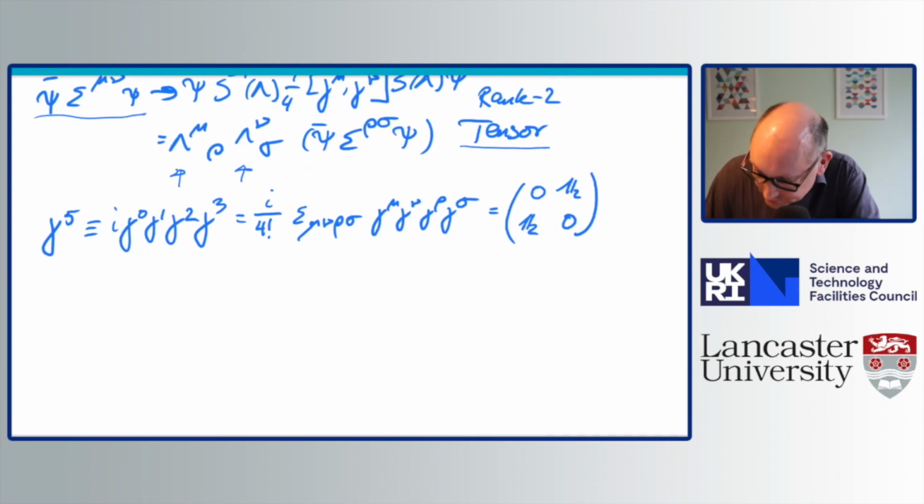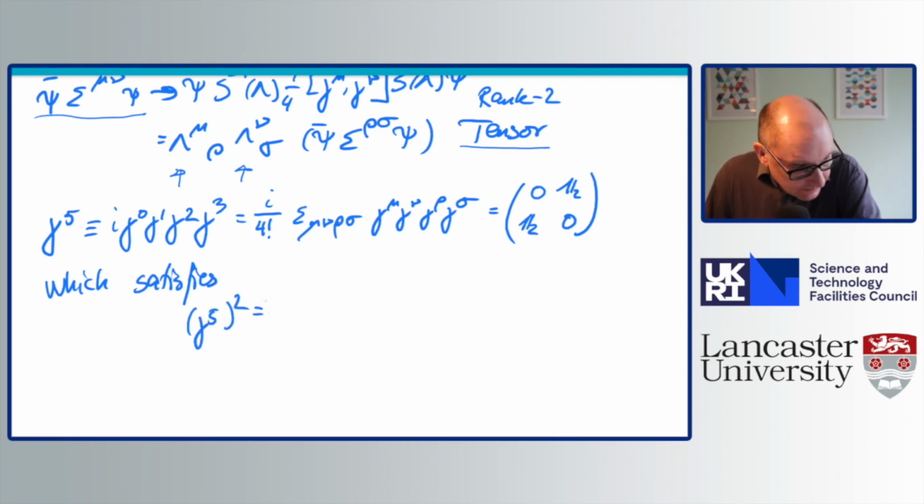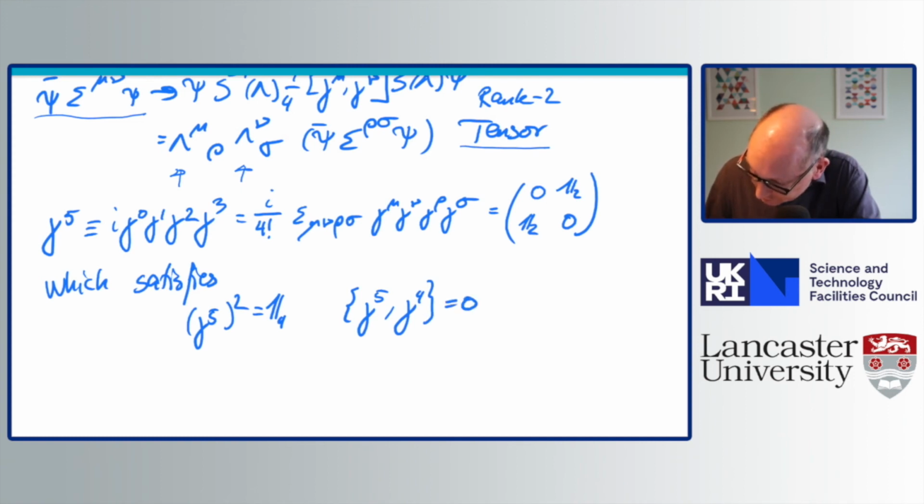Now, this satisfies that γ^5 squared is equal to the identity matrix, and also that the anticommutator between γ^5 and any of the 4 other gamma matrices is 0. And also that γ^5 Hermitian conjugate, obviously, is equal to γ^5.